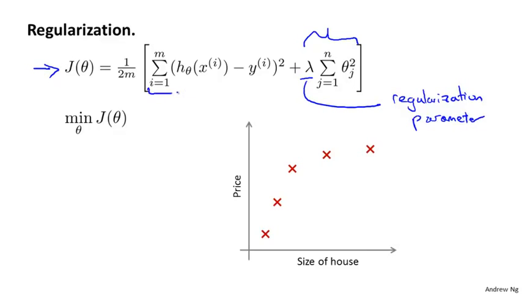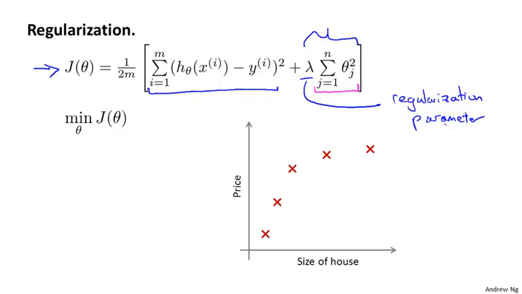The first goal, captured by the first term in the objective, is that we would like to fit the training set well. The second goal is that we want to keep the parameters small, and that's captured by the second term, the regularization term.